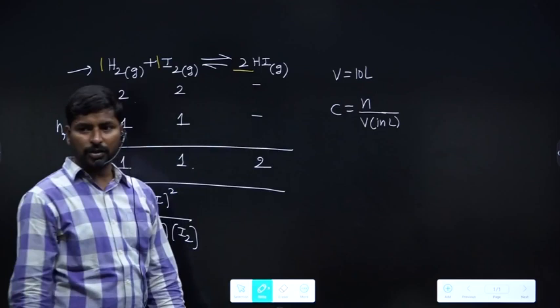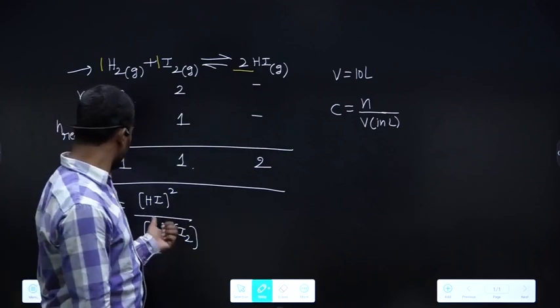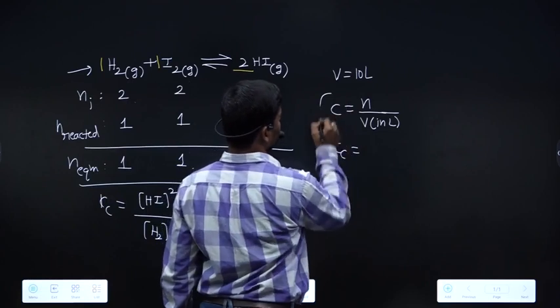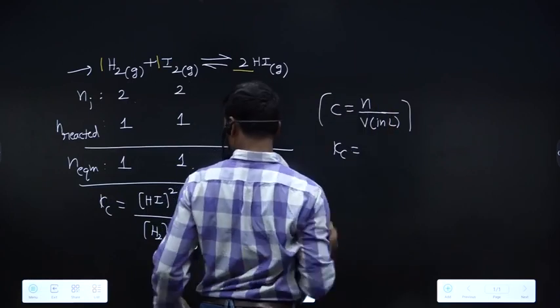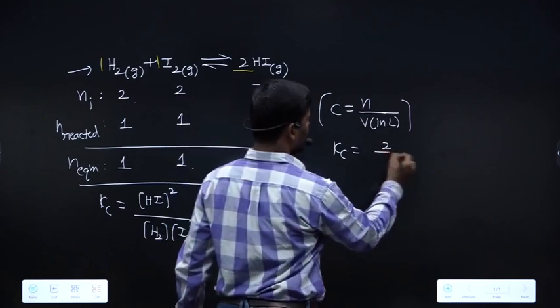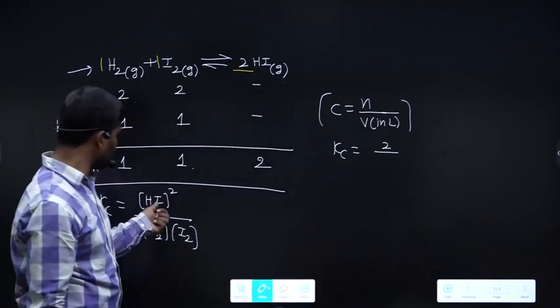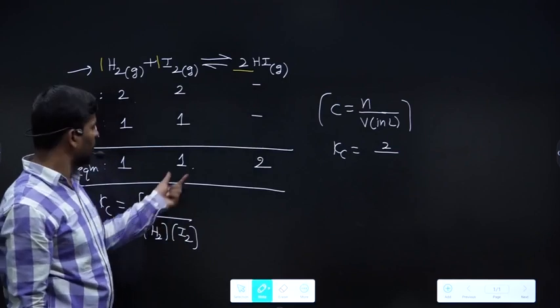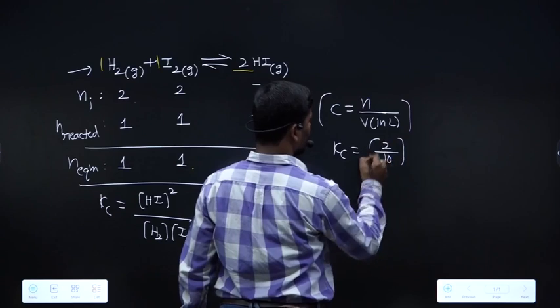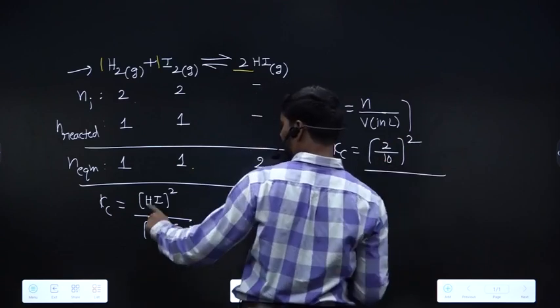Concentration is equal to number of moles by volume in liters. So from that we will get Kc is equal to, number of moles of HI is 2, by volume, and volume is given, 10. So 2 by 10 whole power 2, HI power 2 we have.